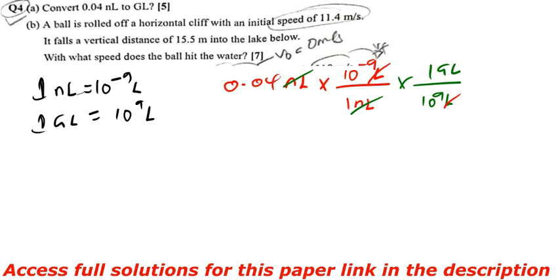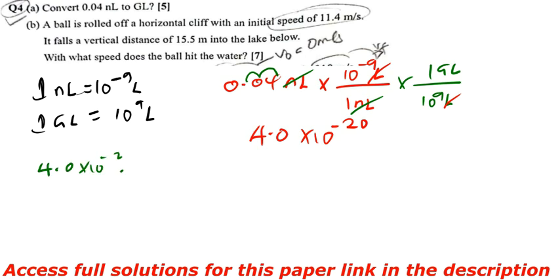Then divide that by 10 raised to the power 9, which is 4.0 times 10 raised to the power negative 20. So that is the answer. And sometimes you can also find this without a calculator, guys, because you shift this 1, 2, so it's going to be 4.0 times 10 to the power negative 2.